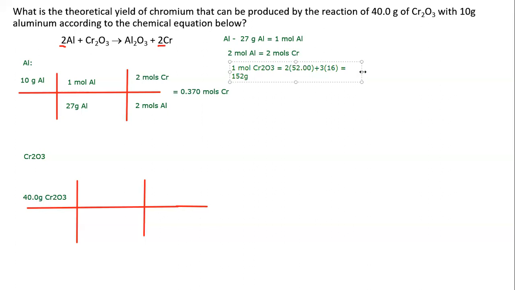So 1 mole of chromium 3 oxide is 152 grams. So we're going to put again the 152 on the bottom because we're starting with mass. So in order to convert the moles, we have to divide by the molar mass. Next, we want to look at the mole ratio. So again, in front of chromium 3 oxide is a 1, in front of chromium is a 2.